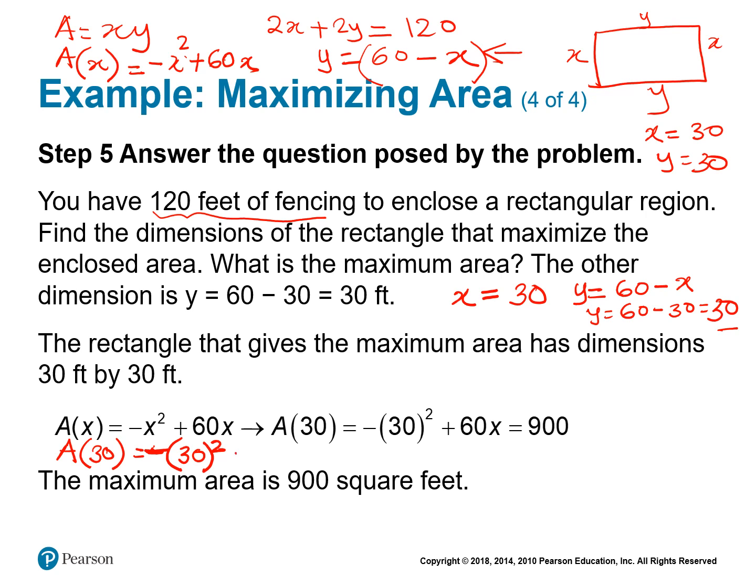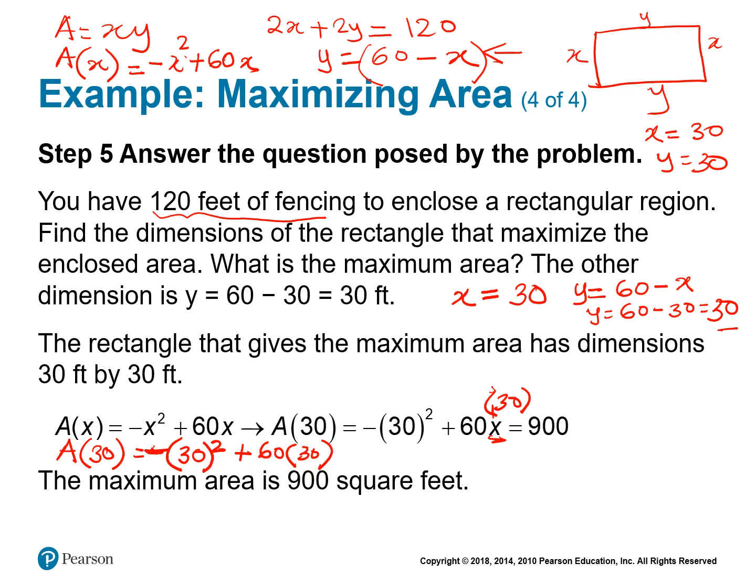And then plus 60 times 30. Now I see over here they didn't show this x being substituted by 30. They should have, it must be a mistake. So you have minus 30 squared plus 60 times 30.